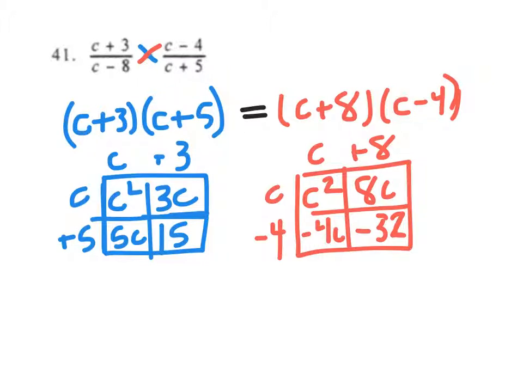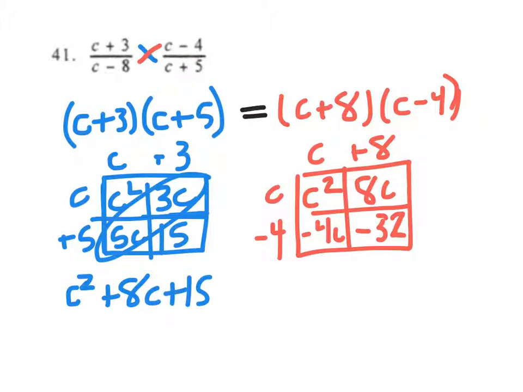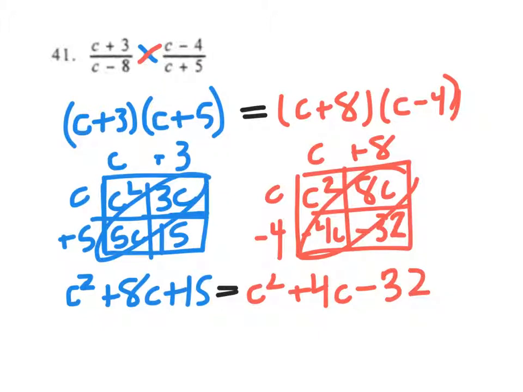We are going to combine our like terms and rewrite it. So I have c squared, and these two go together, plus 8c plus 15 equals, and then the other side we have c squared, 8c minus 4c gives me a plus 4c minus 32. We want to move all of our c's to one side.